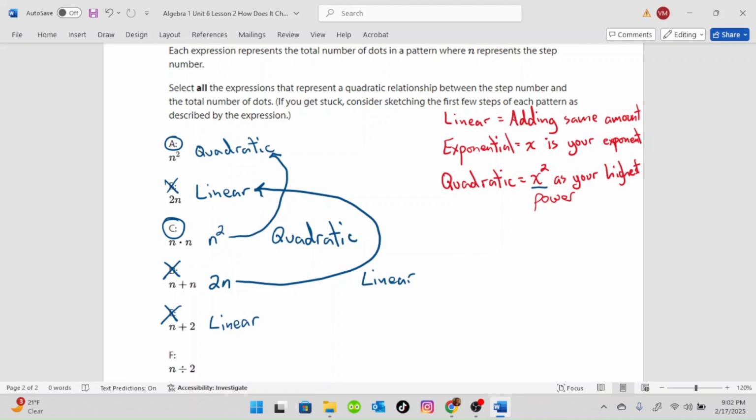We're going to start out at 0, 1/2, 1, 1 and 1/2, 2. So because we're adding 1/2 every time, that makes it linear. So F is incorrect.